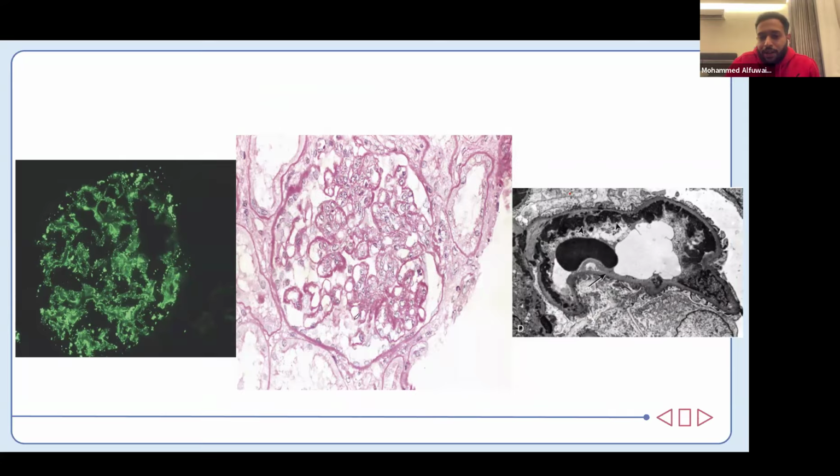Now, what do we call this characteristic appearance? Wire loop. Okay? Wire looping. This is in diffuse proliferative. I will usually say DPGN, diffuse proliferative glomerulonephritis, but it's SLE, diffuse proliferative.